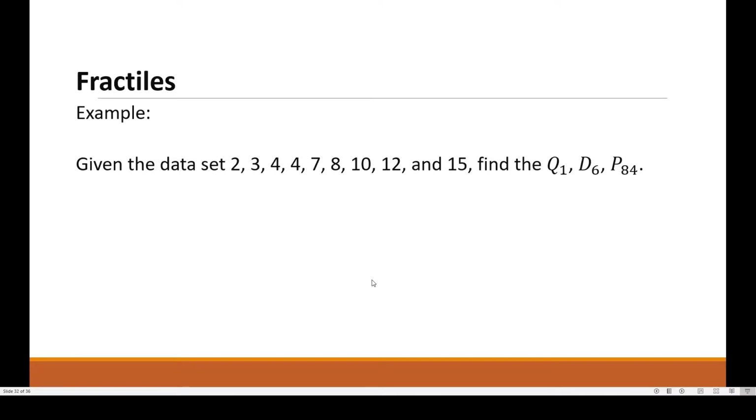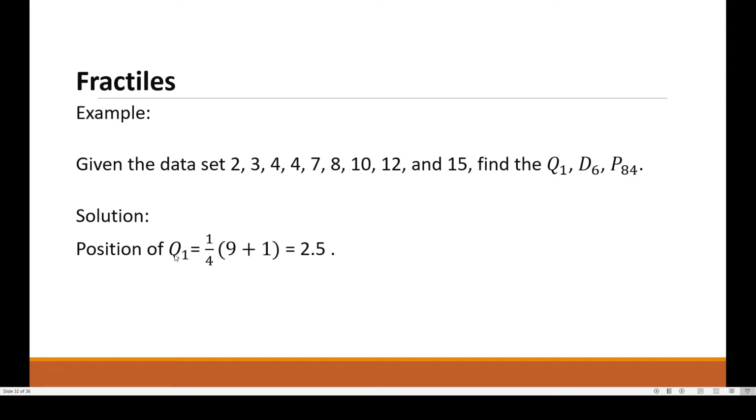So example, given the data set 2, 3, 4, 4, 7, 8, 10, 12, and 15, find the first quartile, the 6th decile, and the 84th percentile. The solution. Let's solve first for the first quartile.